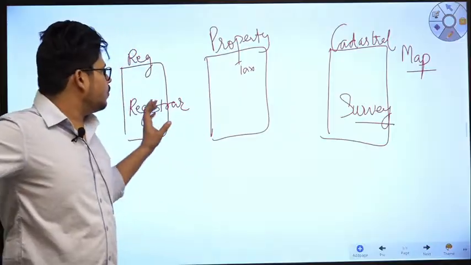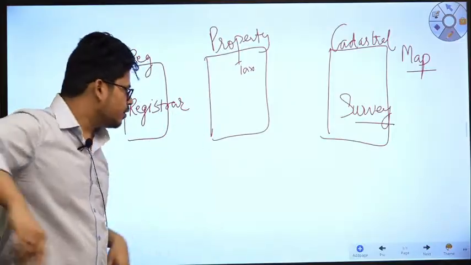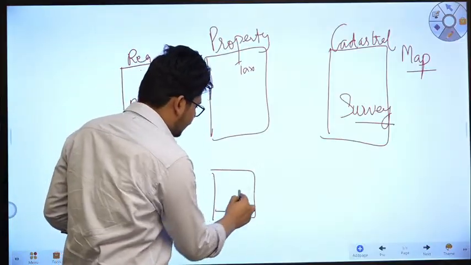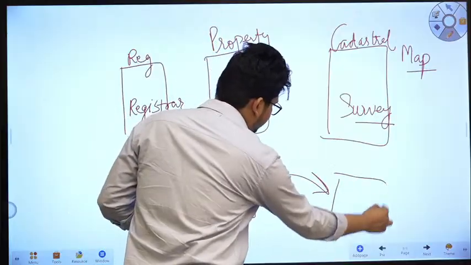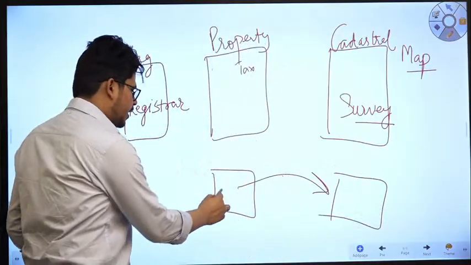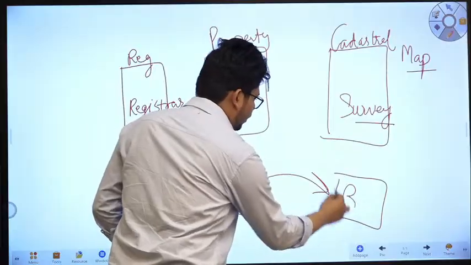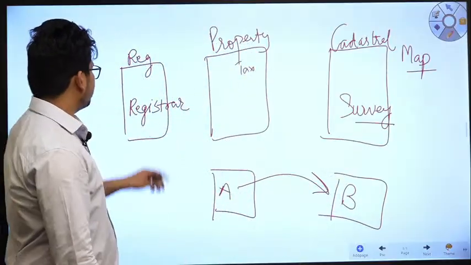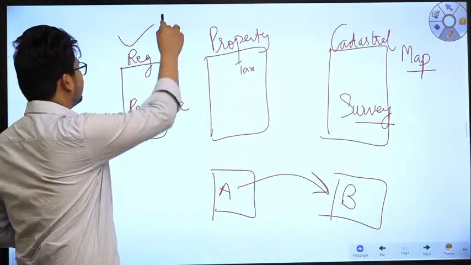Fine. Like for example, one transfer of land from one person to another takes place. Okay. For example, this takes place from person A to person B. Now this person B got this registered.